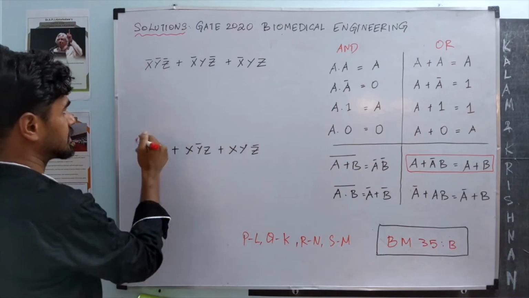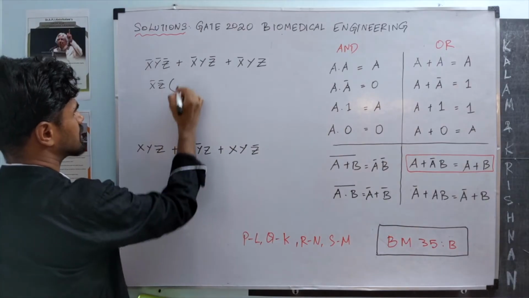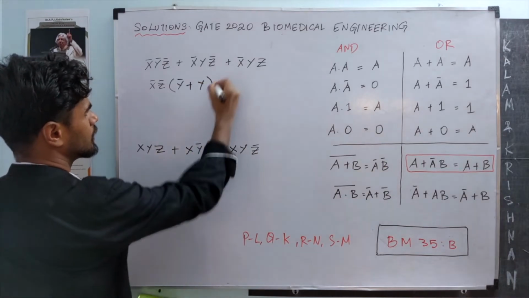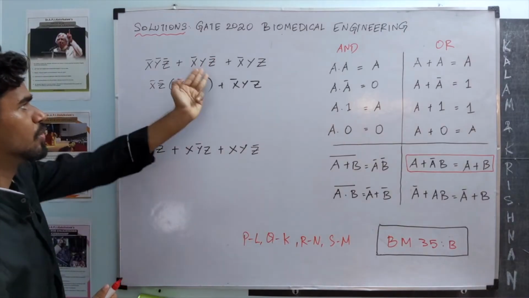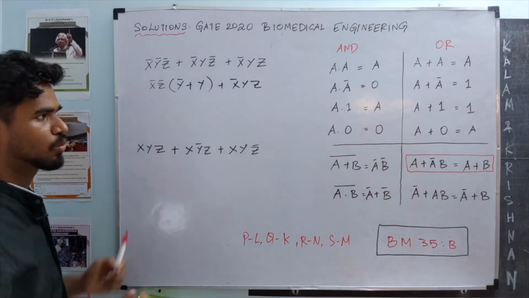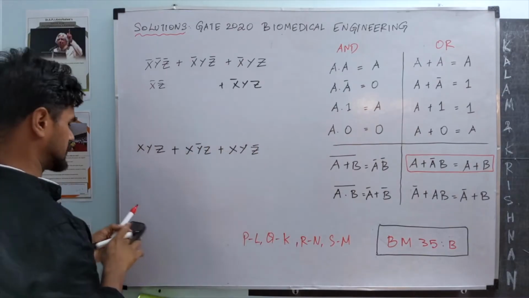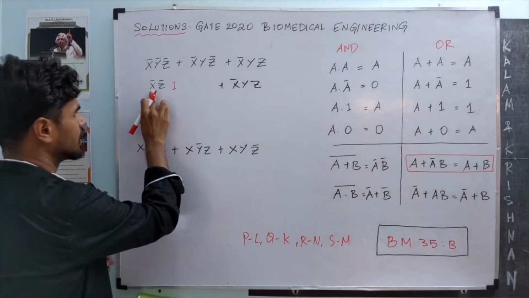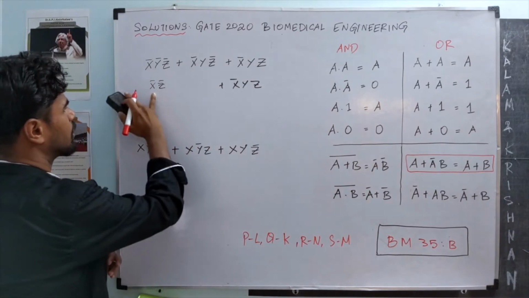They commute, so we can write this as X bar Z bar times what is left, Y bar plus Y, plus X bar Y Z. Because they commute, I could write it this way and take the X bar Z bar outside. And what is Y bar or Y? We know it's 1. So anything and 1 is always that anything, so it's X bar Z bar.